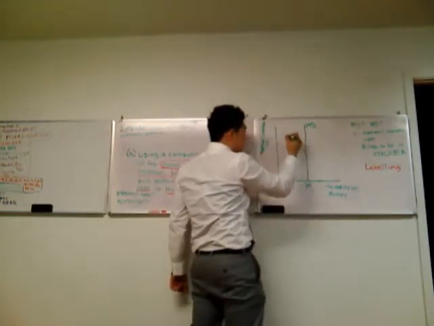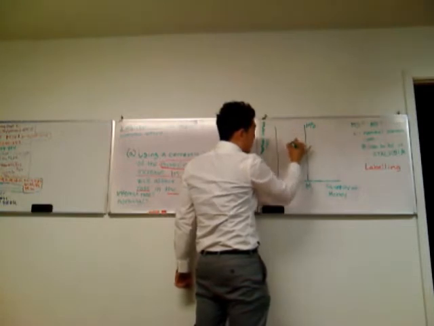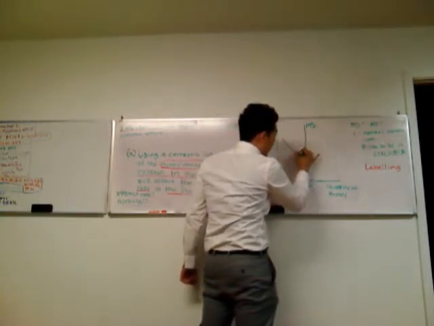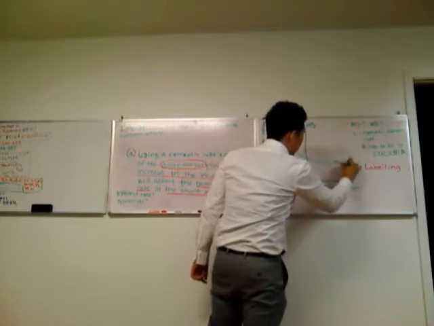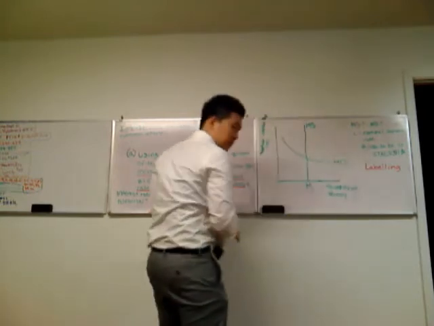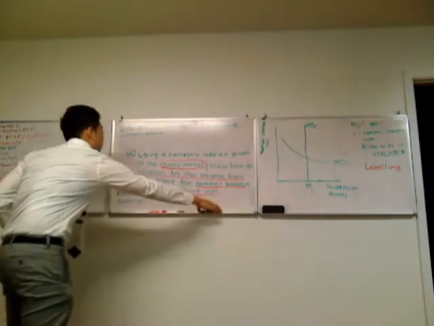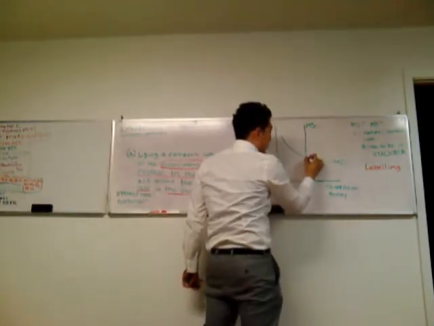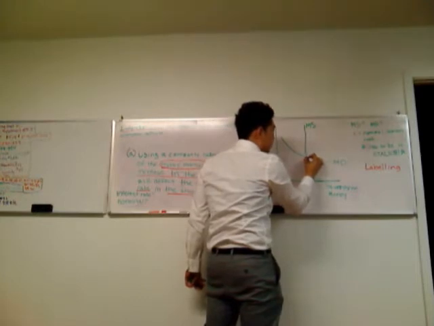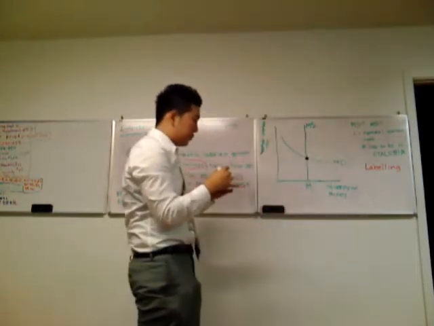Now, the second step is we need to draw the money demand curve. And the intersection of these 2 curves, we call it the equilibrium. It's where the two lines meet.